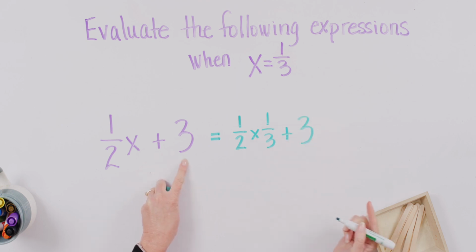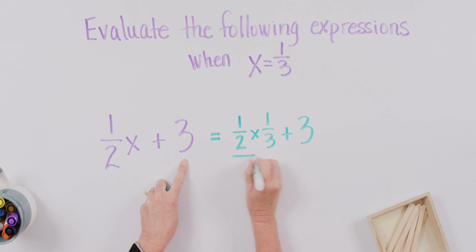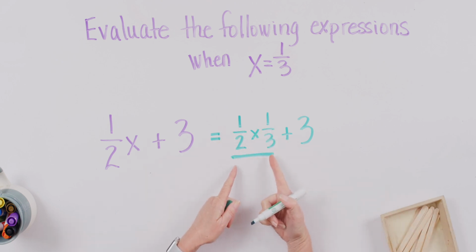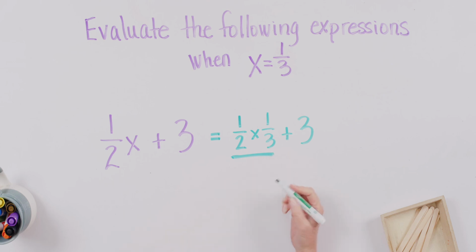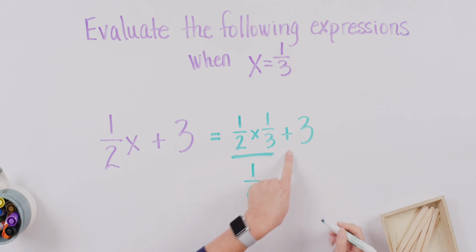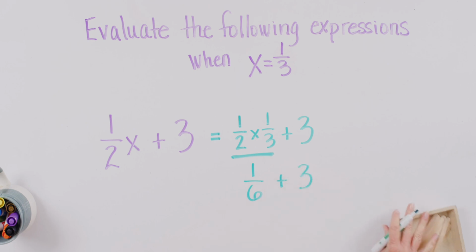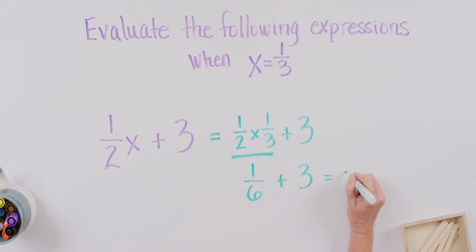Okay, so as we know, order of operations, we will do this first. I'm going to work through it right below. 1/2 times 1/3, or the product of a 1/2 and a 1/3, is 1/6. And then we're going to add our 3. 1/6 plus 3 is, great, 3 and 1/6.